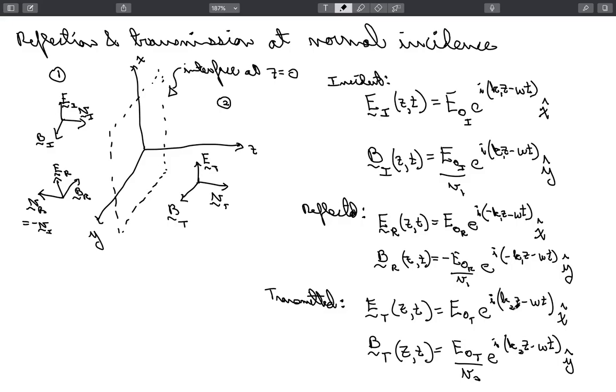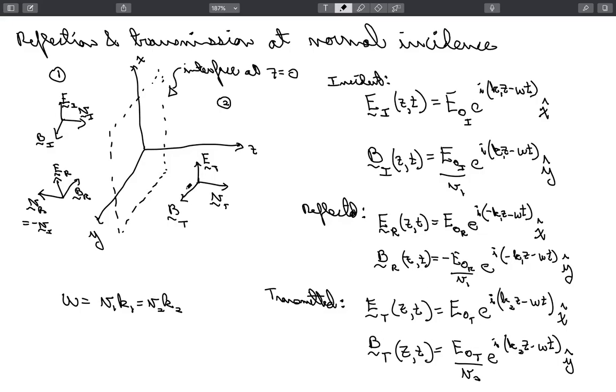And you remember, because omega is equal to c times k, here we would have v1 k1 equal to v2 k2, where v1 and v2 are given by the properties of media 1 and 2. So that's how you relate k1 and k2 to each other. If you have a certain incident k1, the k2 is fixed by this relation. Our transmitted wave once again has the same form.